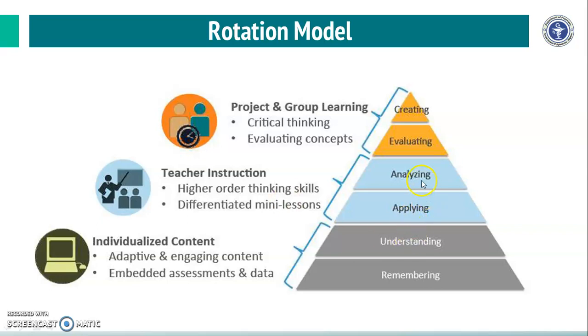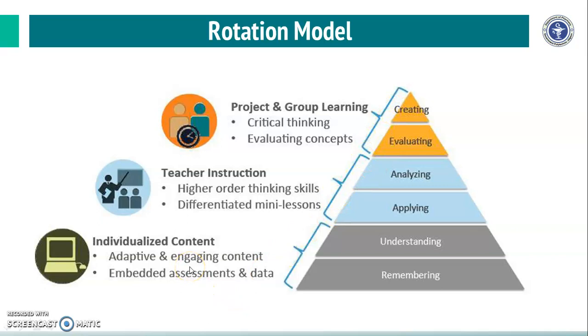So the applying and analyzing part is taken care of. The third part is the assignment of projects and group learning to the students, whereby evaluating and creating new knowledge can happen. Therefore, in a rotation model, it is possible to achieve higher order thinking skills.